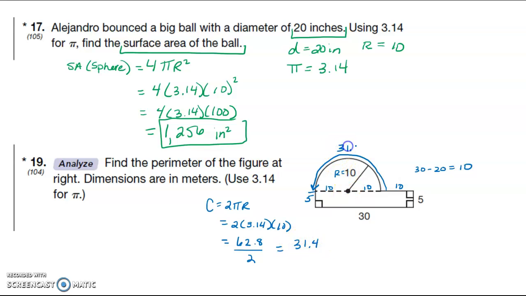So this is 31.4. So my perimeter is equal to 31.4 plus 10 plus 5 plus 30 plus 5, which is 81.4.